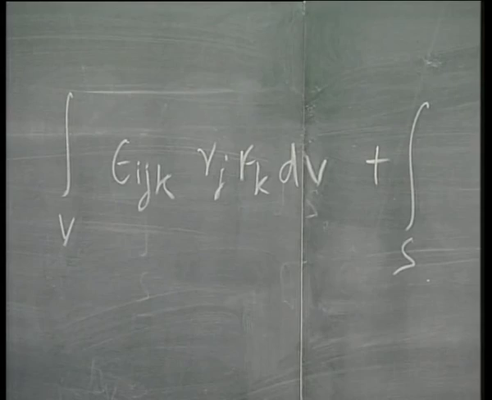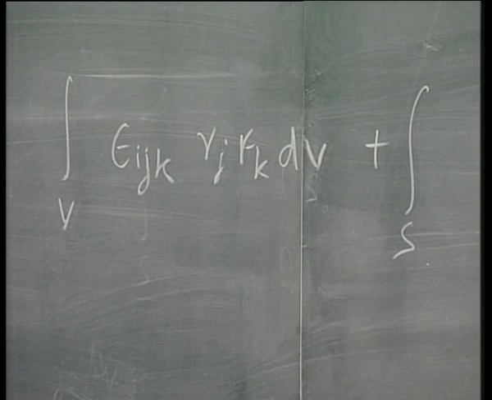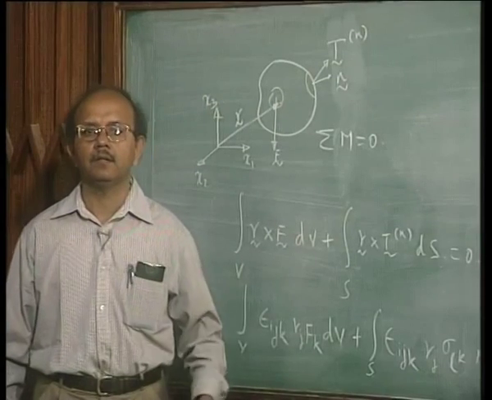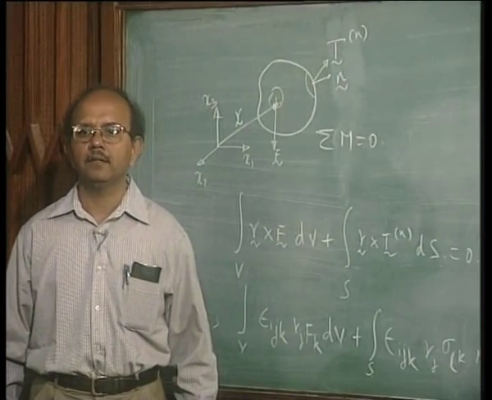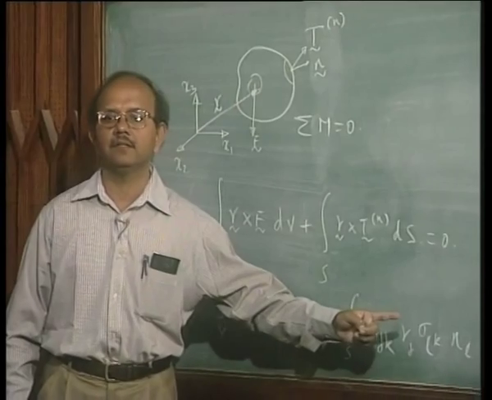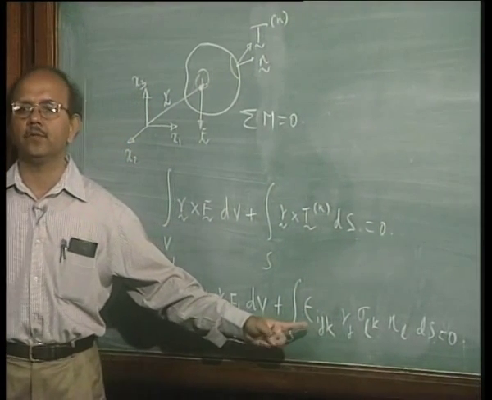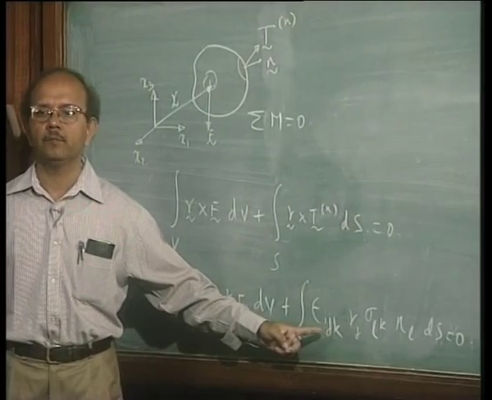Where, how am I going to write this? How am I going to write that? Because of the fact that this differentiation with x_l doesn't give me anything, it is 0.